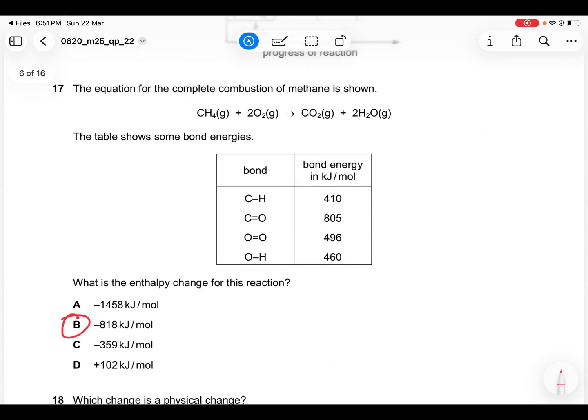The equation for the complete combustion of methane is shown. Here they have given you the chemical equation as well as the bond energies, and we have to find the enthalpy change for the reaction. First of all, we will calculate the bond breaking. You can see I have CH4 and oxygen as my reactants.